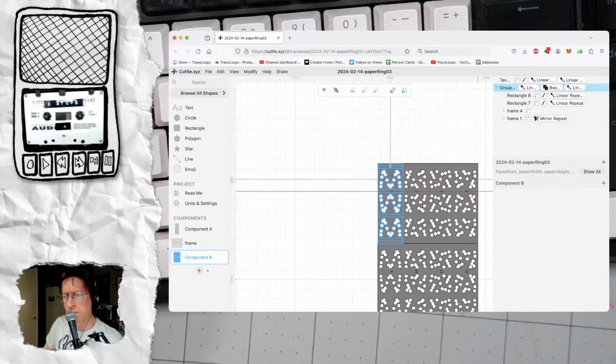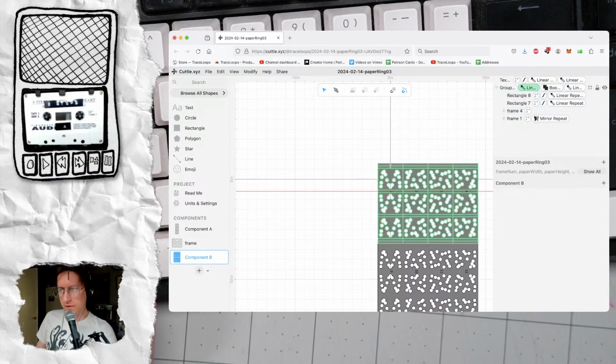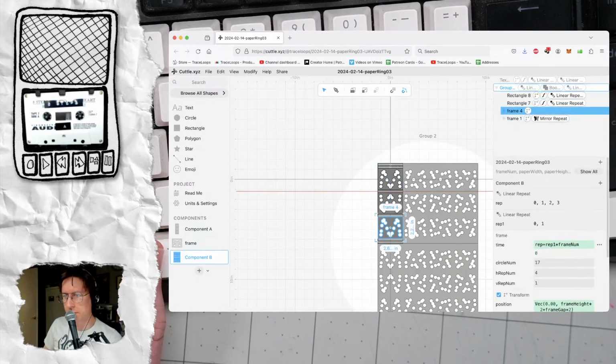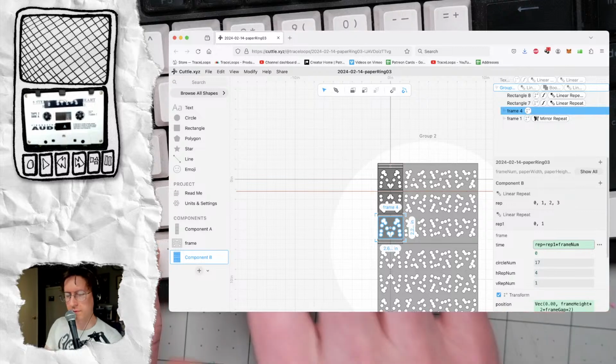1, 2, 3, 4. Oh wait, that's why it's not doing this correctly. The time on this times frame number divided by 2.